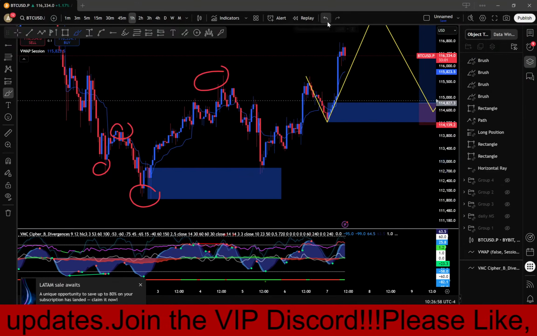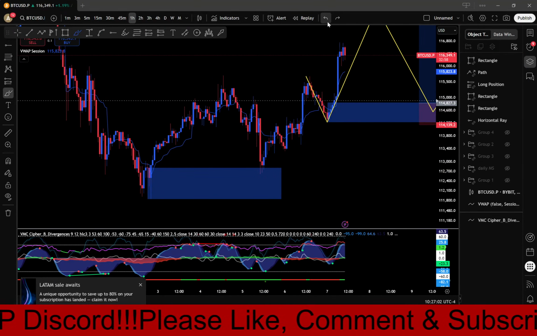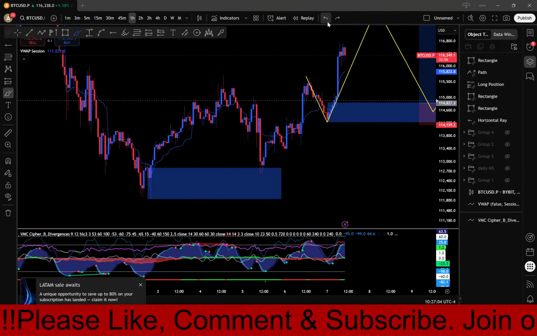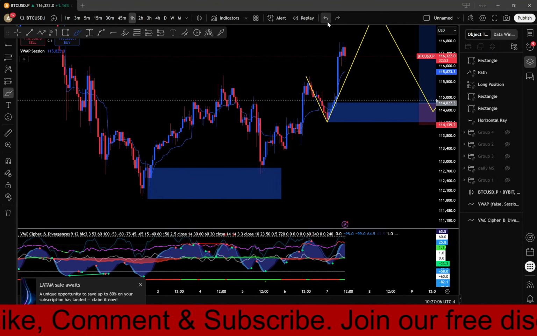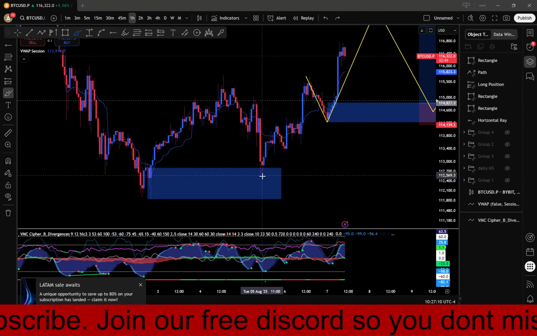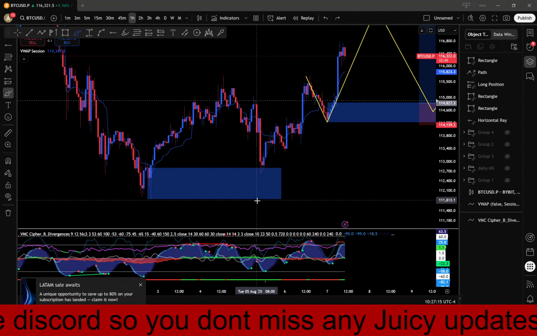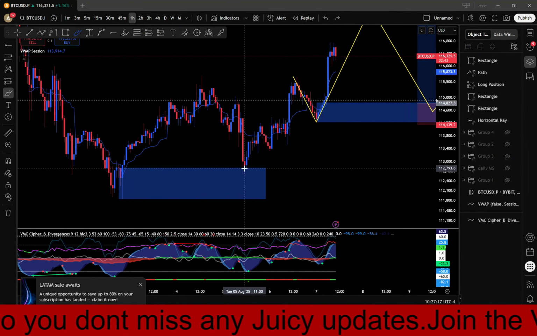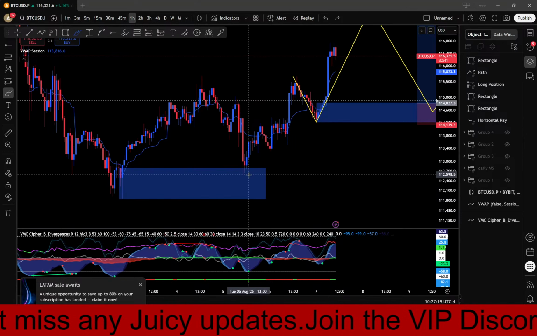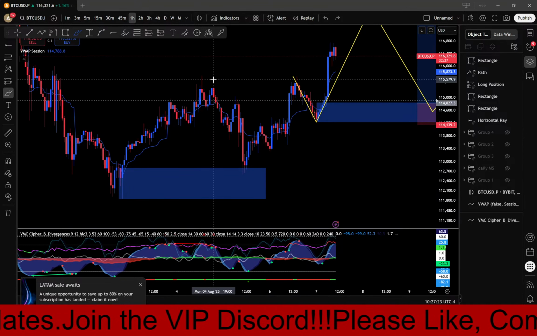So we flipped market structure back bullishly. That was one confluence for me to go with the long trade. And then we retested this area of demand, and this area of demand held. So this is where I took my long from.